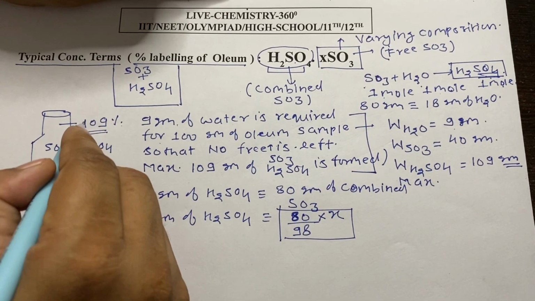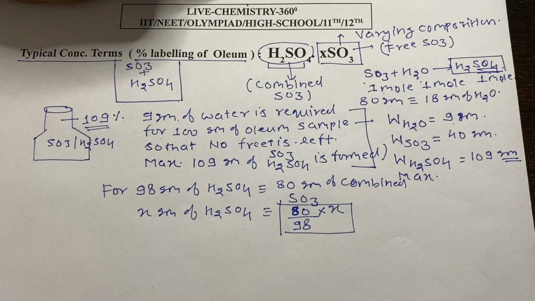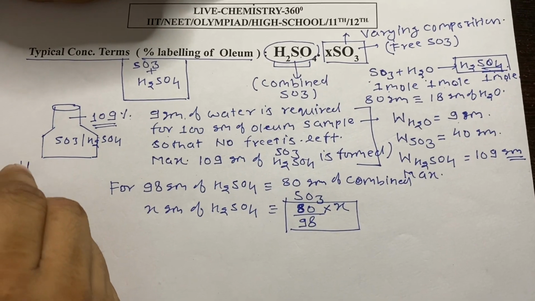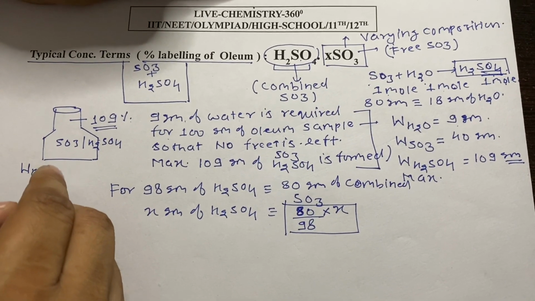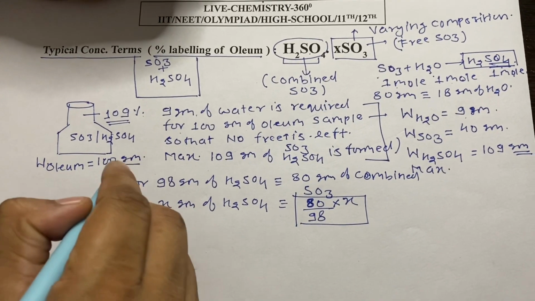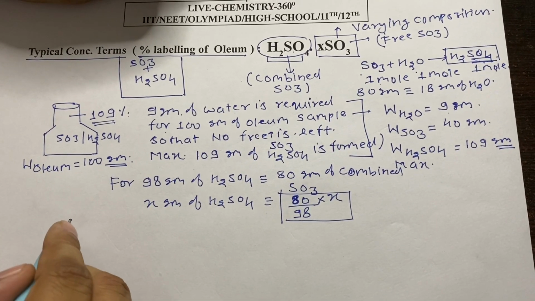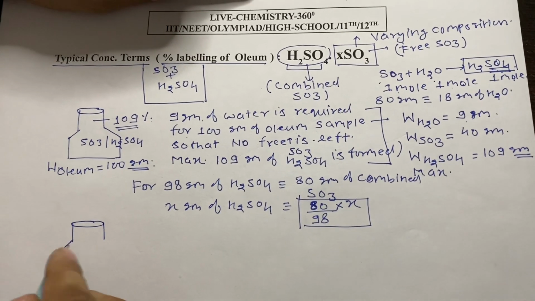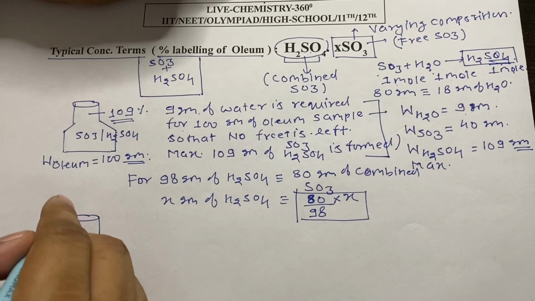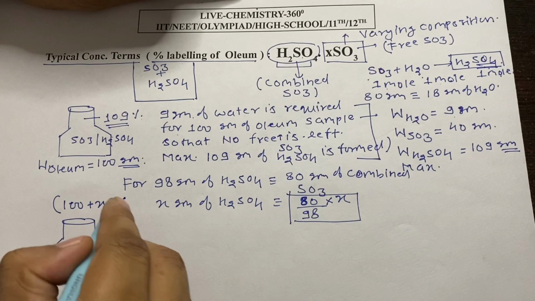Now this 109% labeling: we can say that this sample of oleum is 100 gram, and it is labeled as 100 plus x percent.